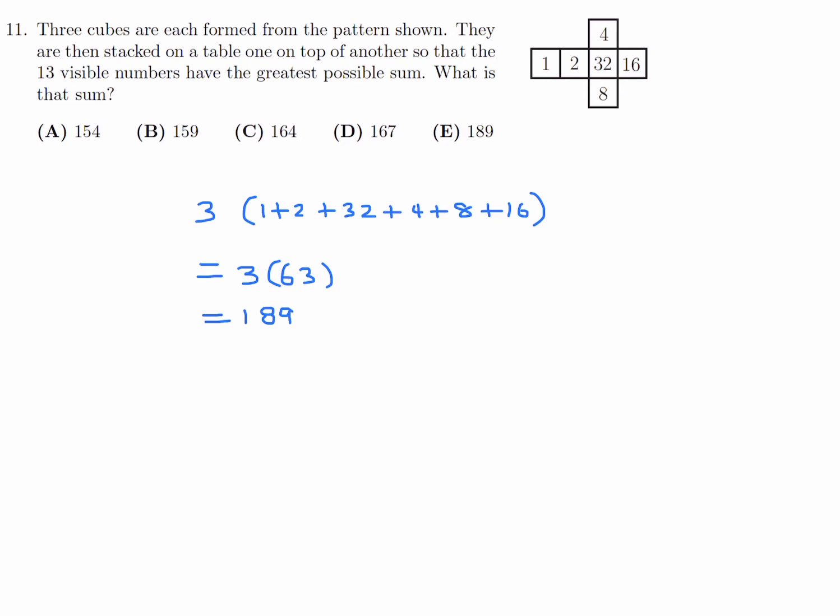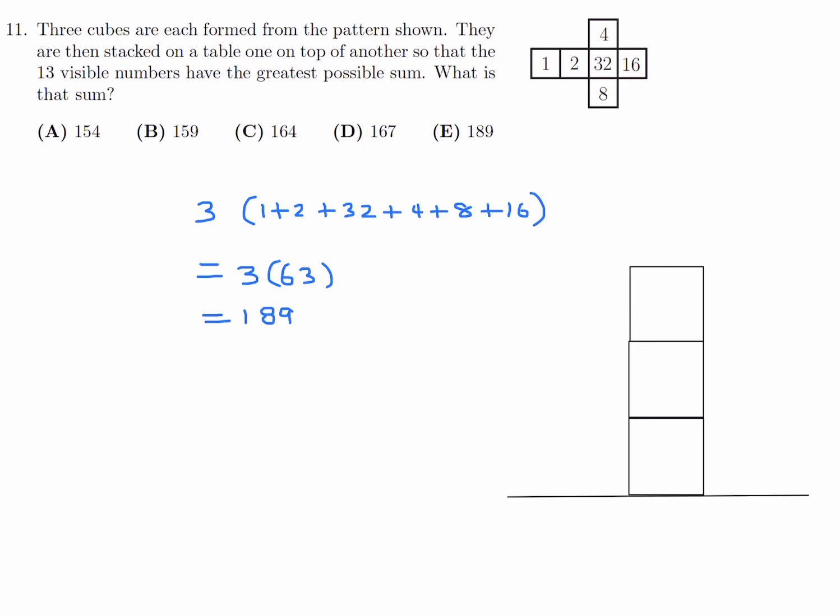But when you stack them on top of another, they're saying that only 13 faces are visible. So that means you've got one cube like this, you got another cube right below, and then you got another cube right below. Correct? And that means that on the ground is the face that you can't see.